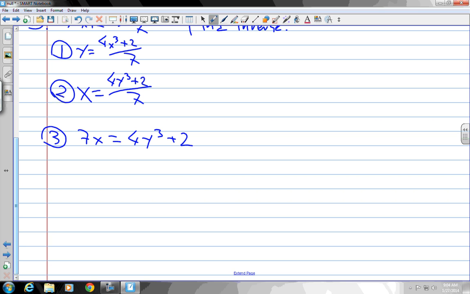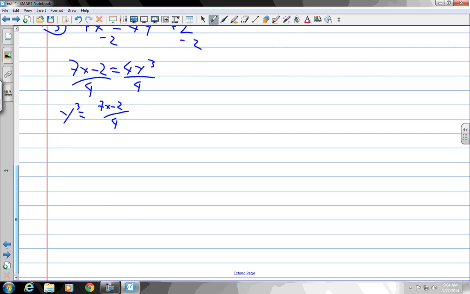Subtract the 2. So it is 7x minus 2 equals 4y cubed. Now what? Divide by 4. So y cubed equals 7x minus 2 over 4.